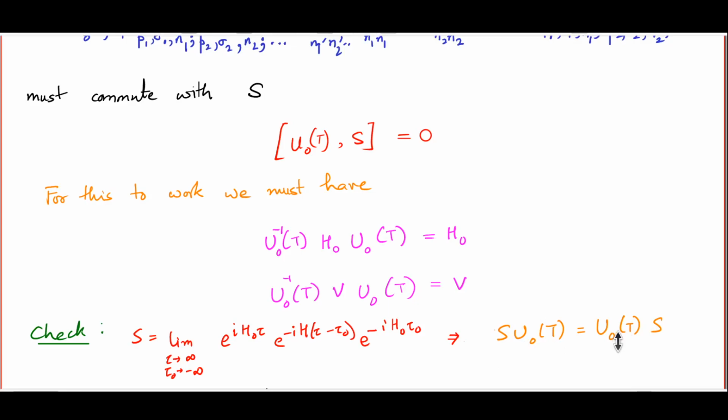Now what about the other important demand? The demand that we have for this at all to be a symmetry operation is that the same operator U of T must act on the in and the out states and produce this given transformation. Note that we are not demanding ab initio that U of T must be the same as the operator which acts on the free particle states.